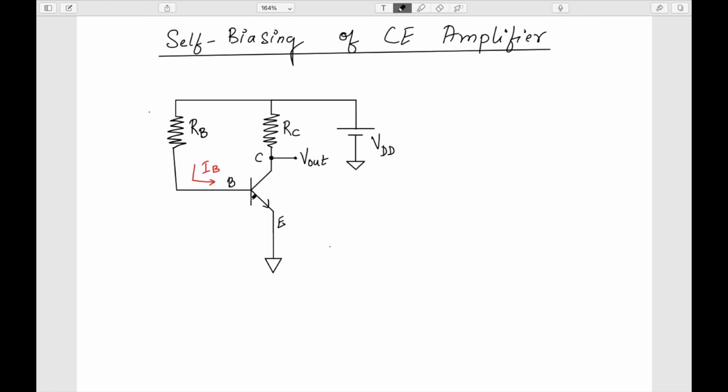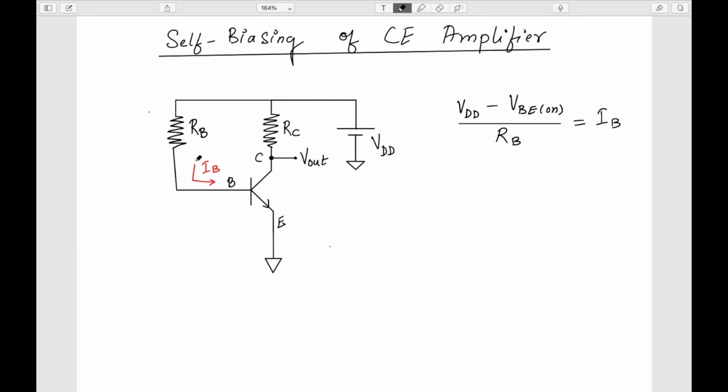The expression for this IB here is VDD minus the VBE on, which is basically 0.7, divided by this resistance RB, is equal to IB.